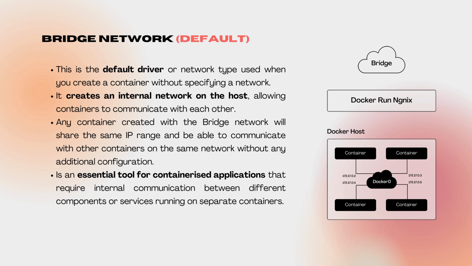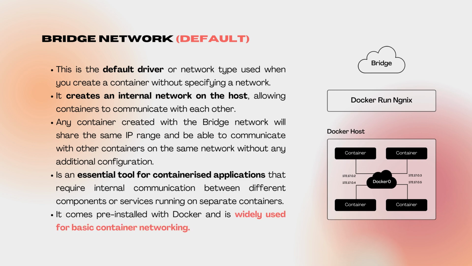The bridge network driver is an essential tool for containerized applications that require internal communication between different components or services running on separate containers. It comes pre-installed with Docker and is widely used for basic container networking.